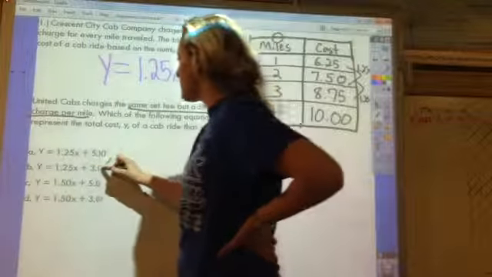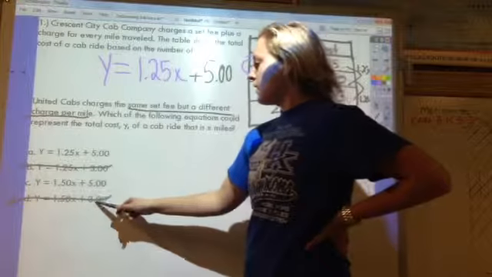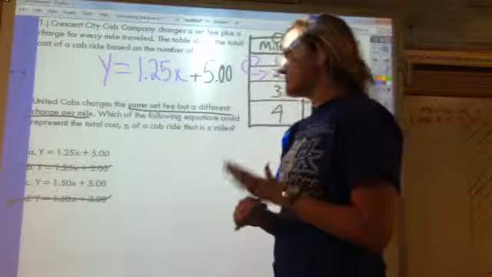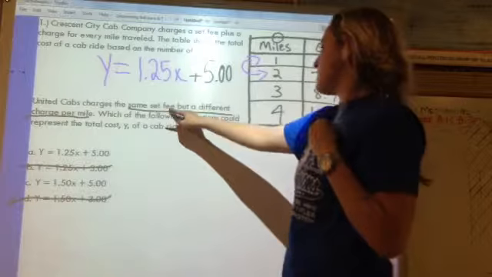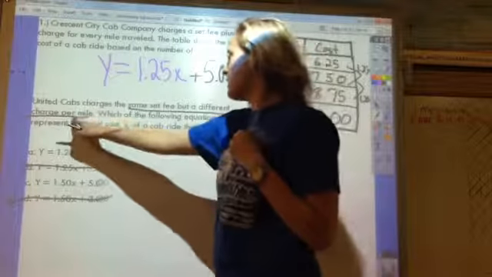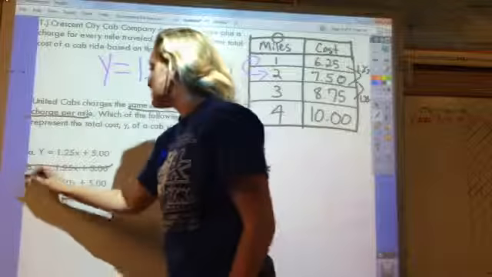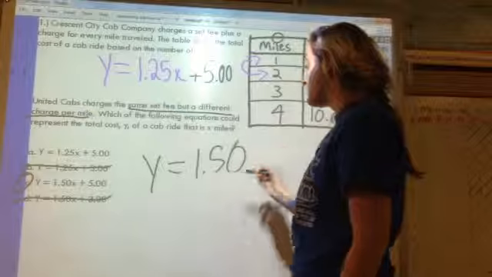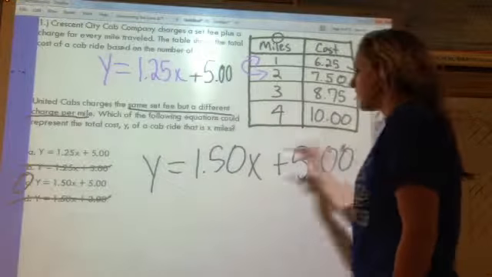So I can eliminate B and C because they have a y-intercept of $3, which means that the setup fee is $3, not $5. Now, I'm also looking for a slope that is different from 1.25. Boom, answer choice C. Y equals $1.50 per mile plus $5 for its setup fee. And that satisfies my answer.